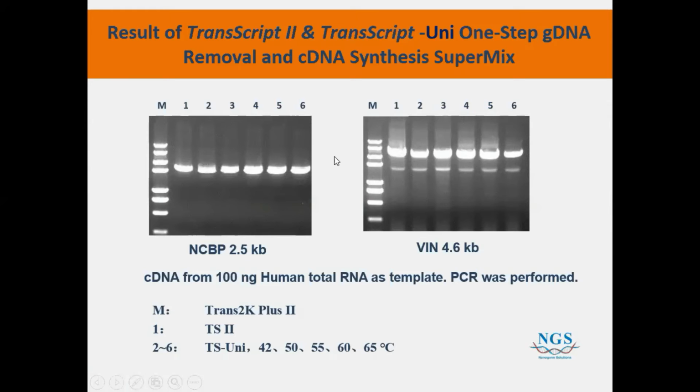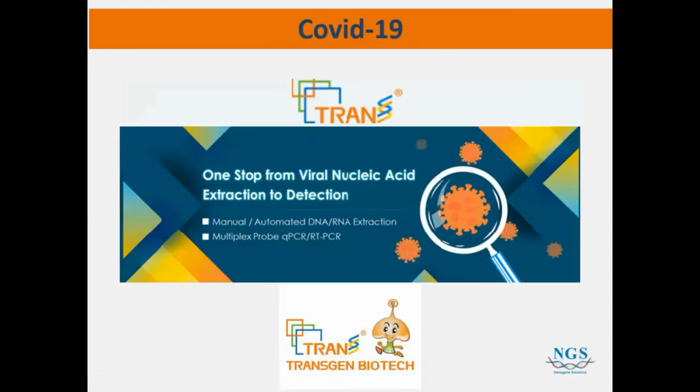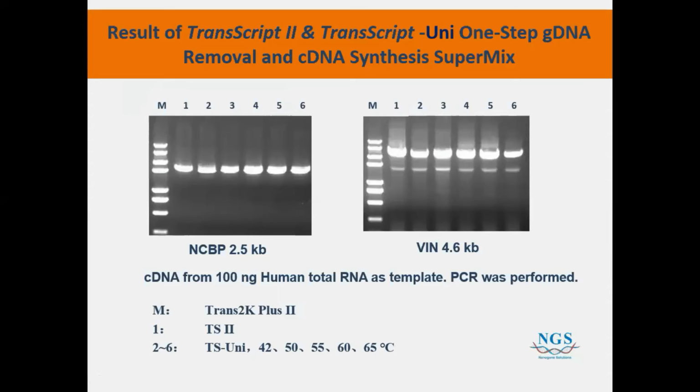All right. Okay. So in conclusion, with the presence of the RNase H minus, as I mentioned earlier, with the gDNA removal and also the what we call the anchored oligo dT primer, we will get a very good cDNA result. Okay.